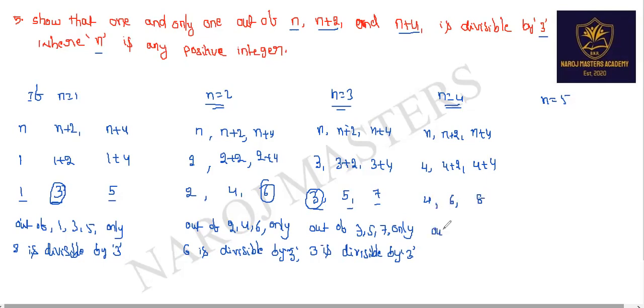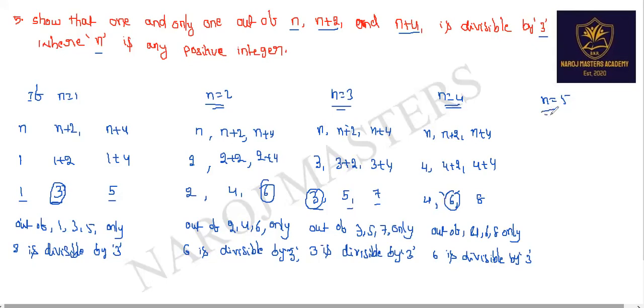Out of 4, 6, 8, only 6 is divisible by 3. Okay, understood?